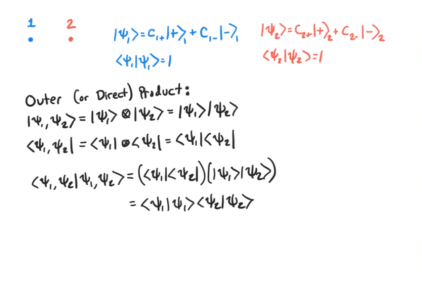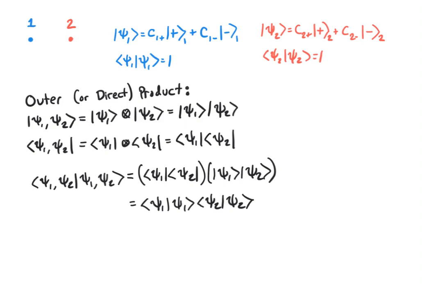So calculating these inner products is actually pretty straightforward, because we're just calculating two inner products, one for each particle, and then multiplying them together. Now, one neat consequence of this is that if psi 1 and psi 2 are both normalized, then their combined state is also normalized, because if the inner product of psi 1 with itself and the inner product of psi 2 with itself are both equal to 1, then their product is also equal to 1, and so we automatically have a normalized combined state.